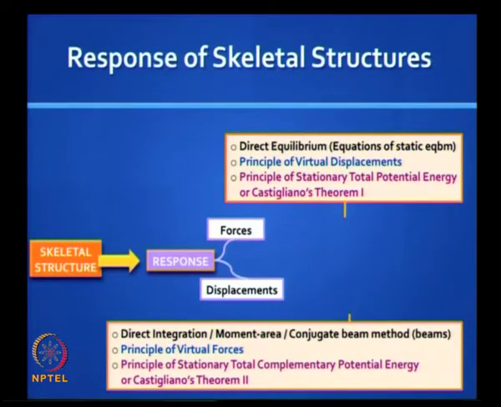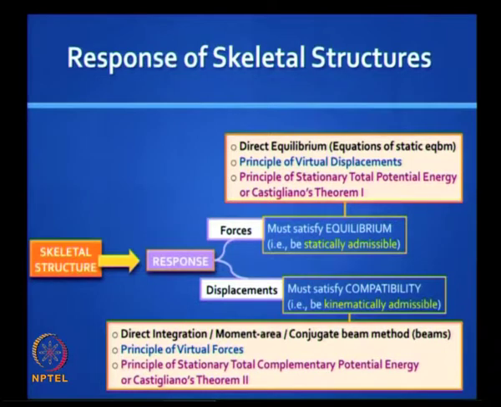Now if you look closely at the response of the structure, the force response and the displacement response, you will find that the correct force response must satisfy equilibrium, which means it must be statically admissible, and the displacement response must be compatible. That preserves the integrity of the structure. The elements are interconnected the way they are supposed to be.